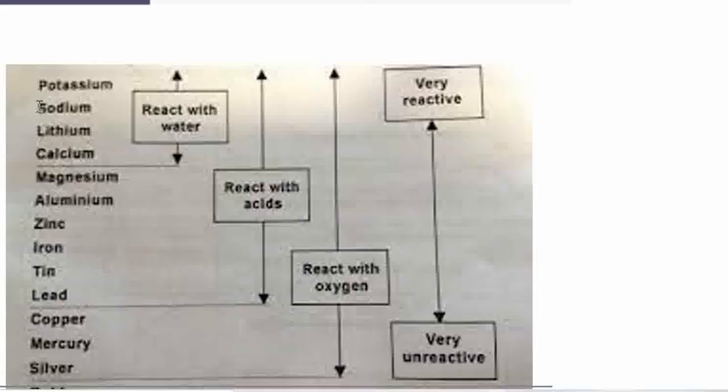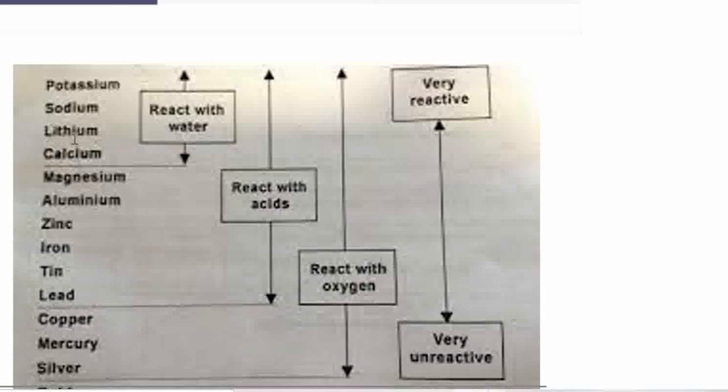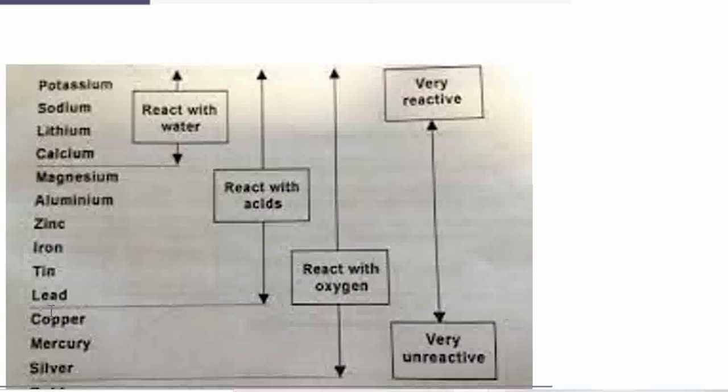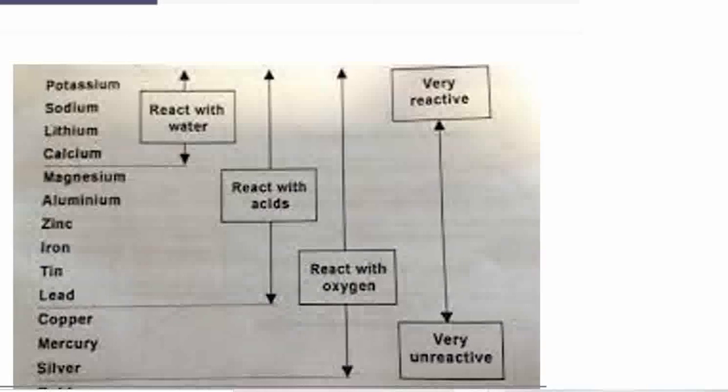Well, we can remember the list of reactivity. It will be good. This is the list of reactivity of all the metals. You can see the position of zinc is just below there, and the position of magnesium is above, and copper is the bottom part.